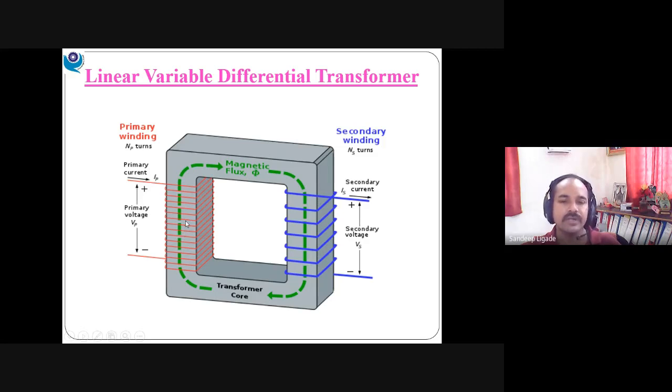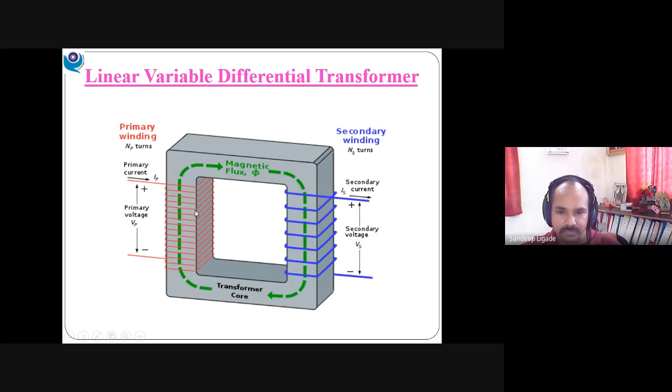And according to Faraday's law, when flux links to the conductor, or when flux cuts the conductor, then EMF is induced, EMF is produced. According to Faraday's law, this EMF or voltage is called self-induced EMF.